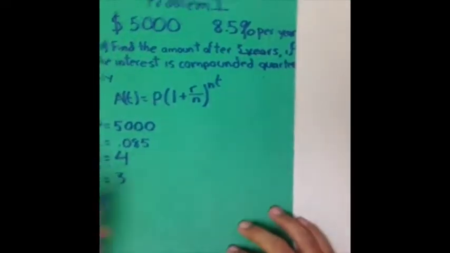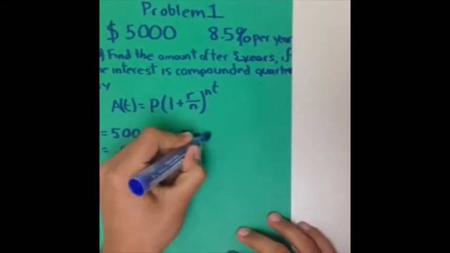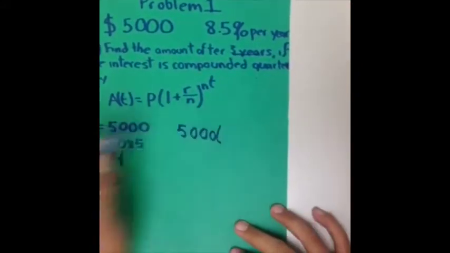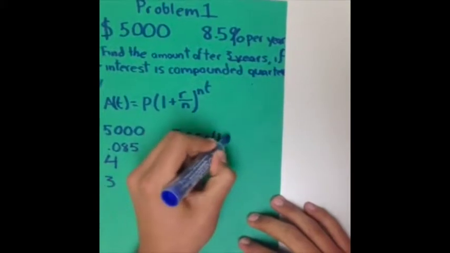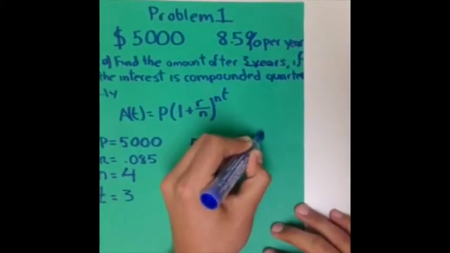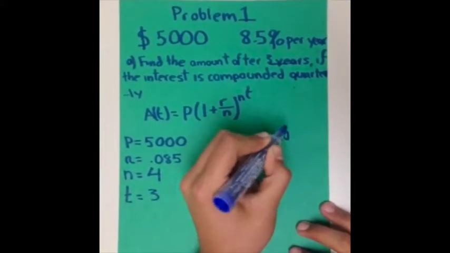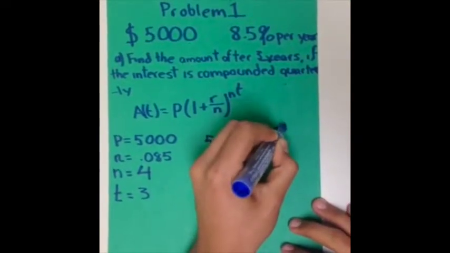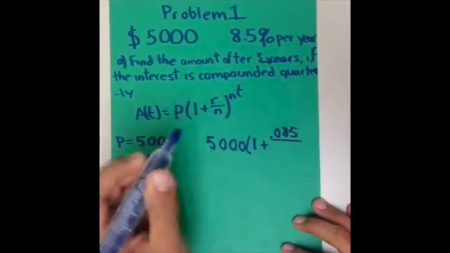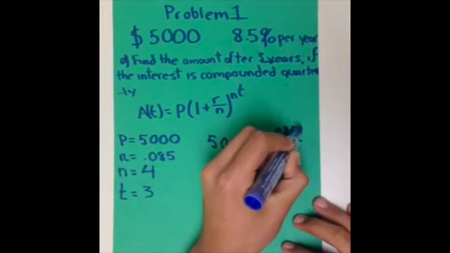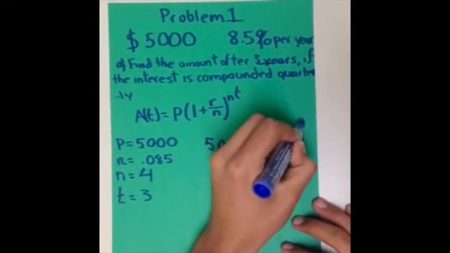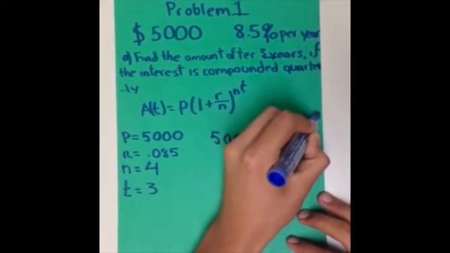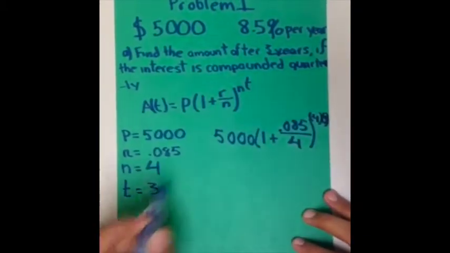So now we solve: 5,000 multiplied by 1 plus 0.085 over 4, elevated to 4 multiplied by 3.